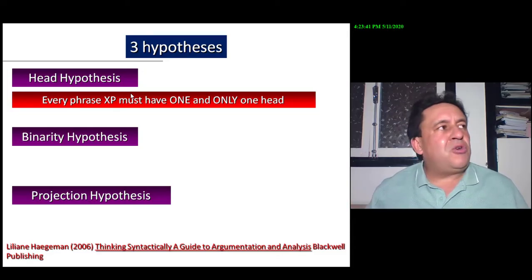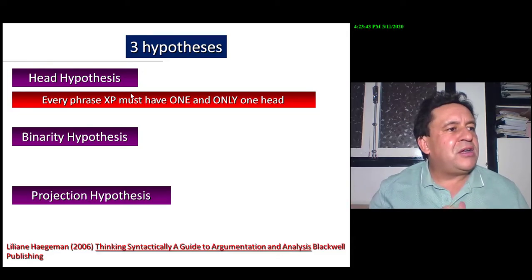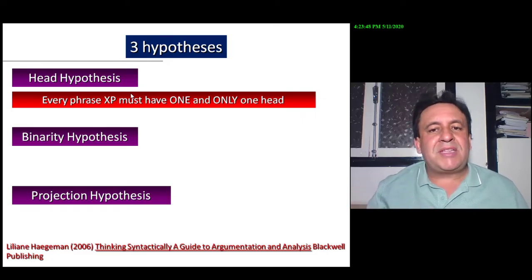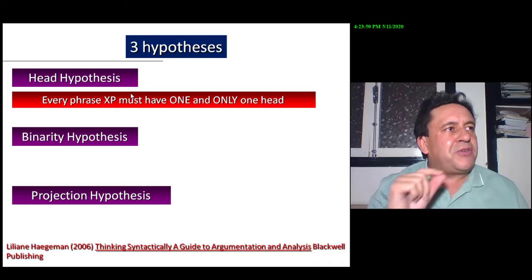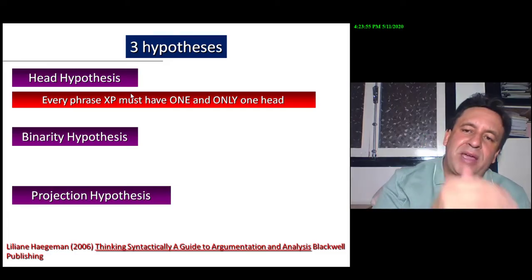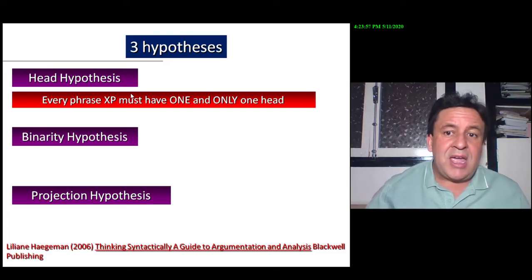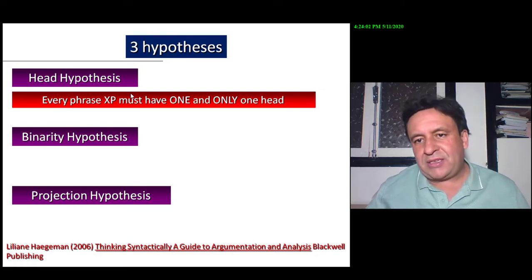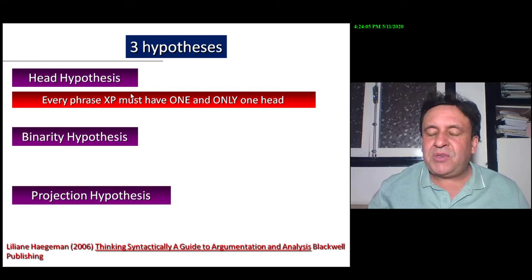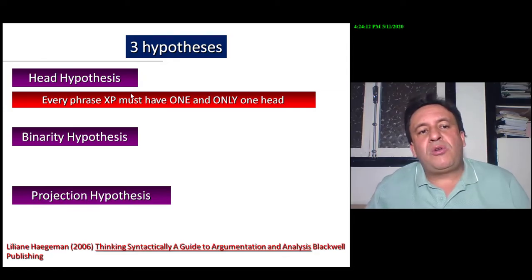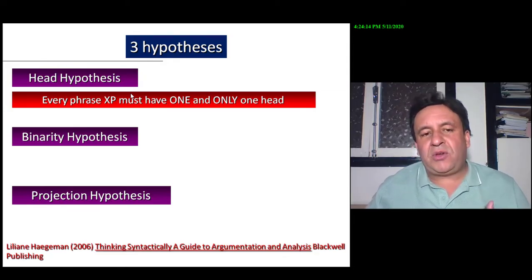In all the phrases that we have studied so far, be it a noun phrase, a verb phrase, an adverb phrase, an adjective phrase, you must have noticed that every one of those phrases can have only one head. It cannot have more than one head, 2 heads, for example, or 3 heads, and it cannot be 0 head. It cannot be a headless phrase. So there are no headless phrases in natural languages, and there are no phrases with more than one head. That's what we call the head hypothesis, or the head requirement.